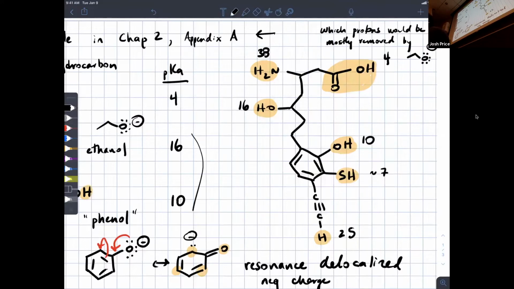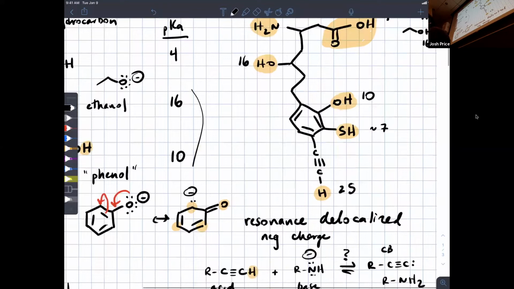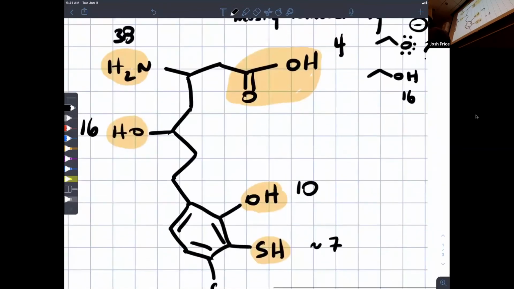The first thing you want to do here is to draw the conjugate acid and look up its pKa, which is 16. And then you could pick any of these groups and set up your own mini equilibrium experiment. So for the carboxylic acid, let's draw what the conjugate base and conjugate acid would be.